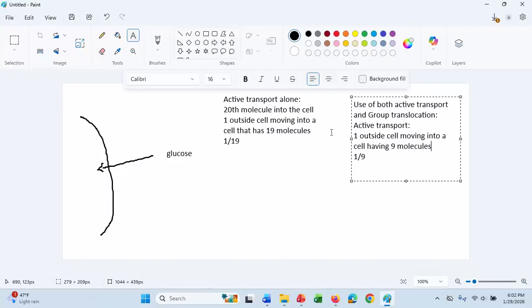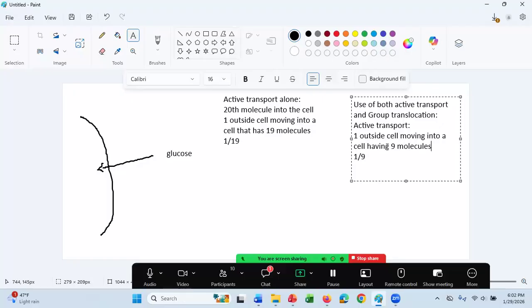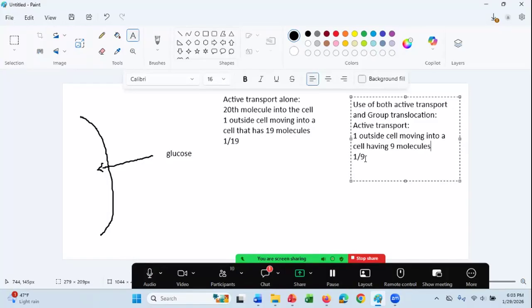Bless you. Thank you. So by active transport, we have 1 outside the cell and 9 inside the cell. So the gradient the cell is moving against is 1 over 9. And then the other 10 move by translocation.